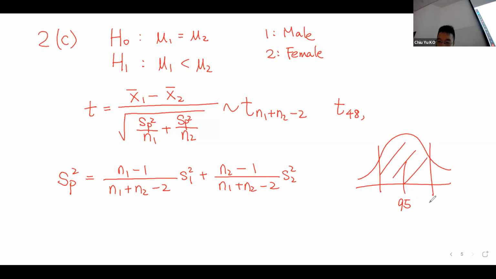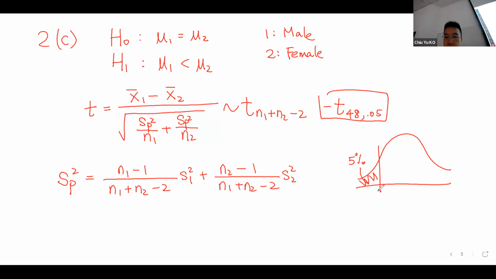Sorry, this is a one-tail test, so the left tail is 5%, so the critical value here is negative, t 0.05 with 48. That's the critical value. In Excel, this critical value will be t inverse 0.05, 48. It's the critical value.